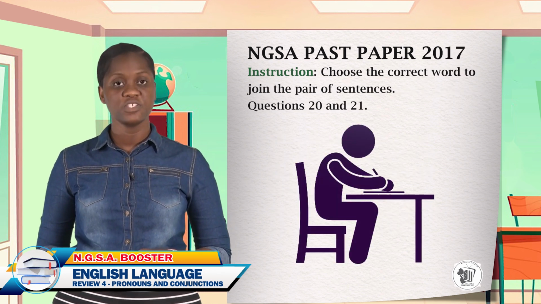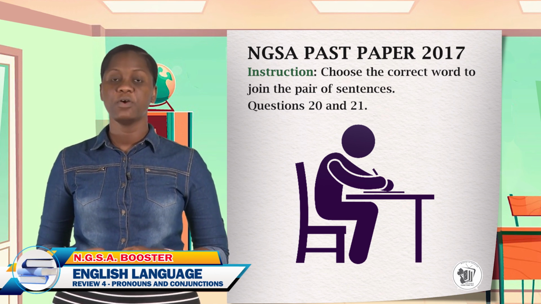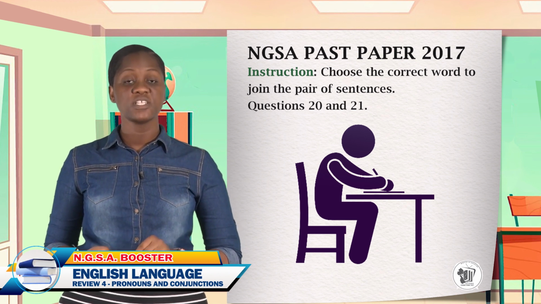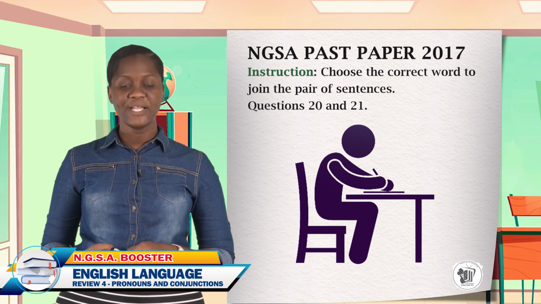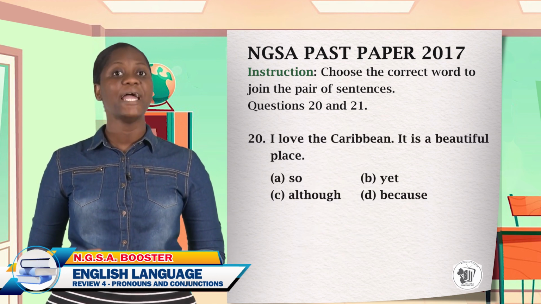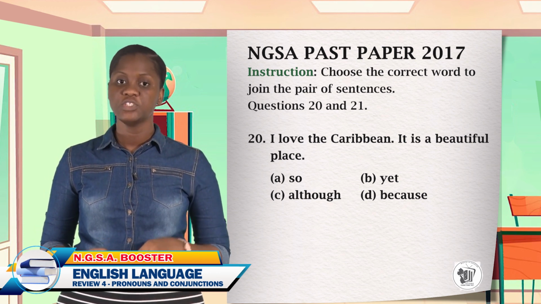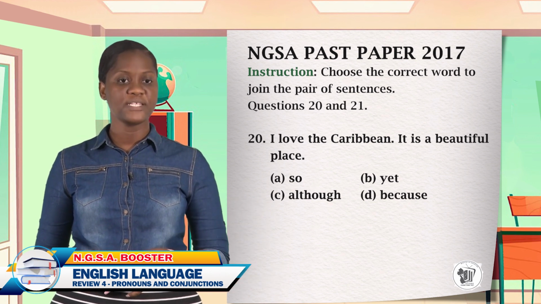2017. The instruction, choose the correct word to join the pair of sentences. So here we are using conjunctions to join sentences. Let's look at numbers 20 and 21. The first sentence read, "I love the Caribbean." And there is need for a connecting word to join it to the other sentence, "It is a beautiful place."